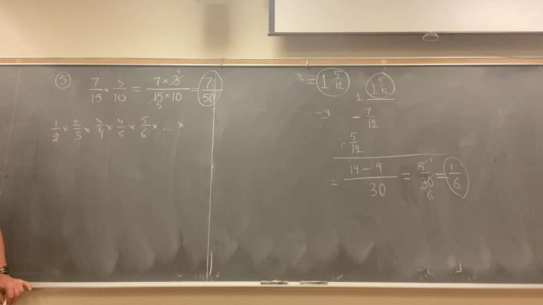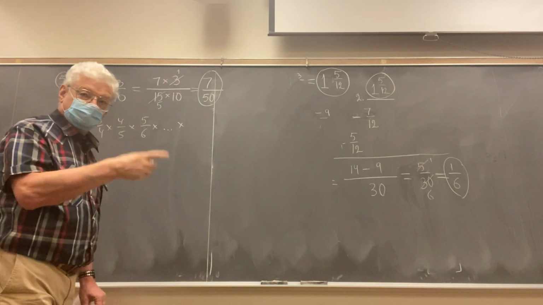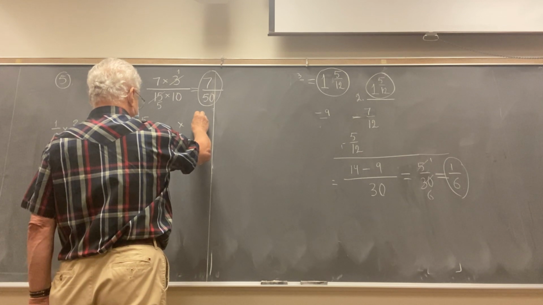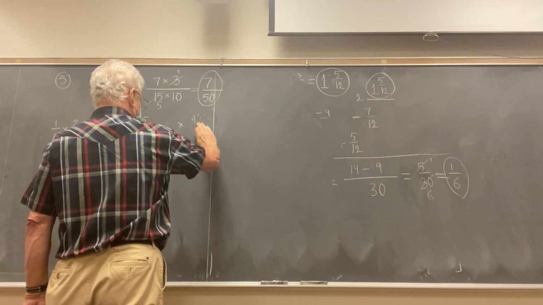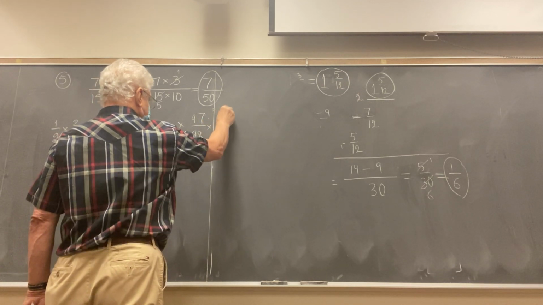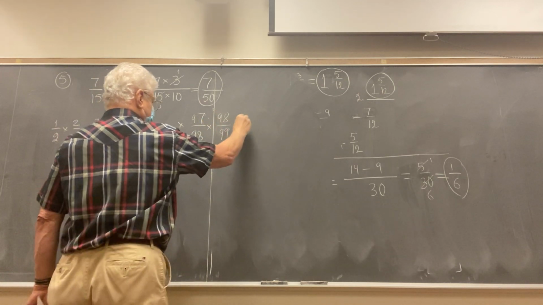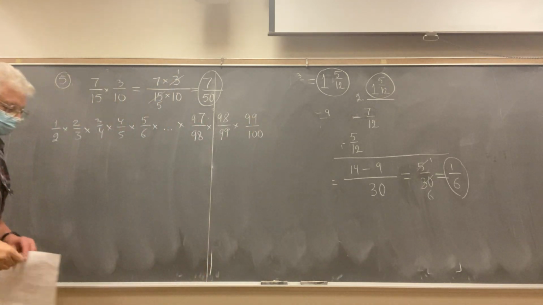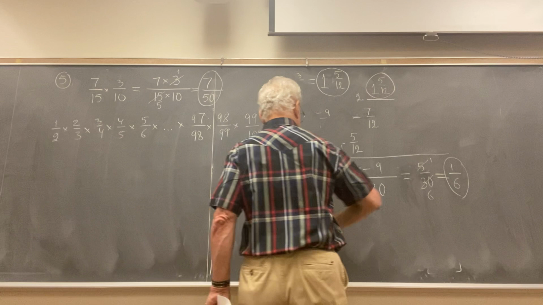Then 7/8 and so on. And I continue, and I will get in the end 97 over 98 times 98 over 99 and times 99 over 100. What is that fraction? How to calculate it? How to find the product?